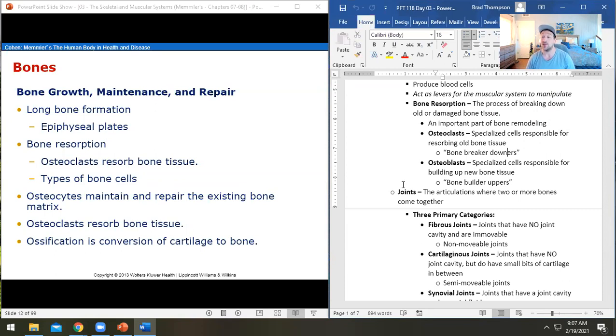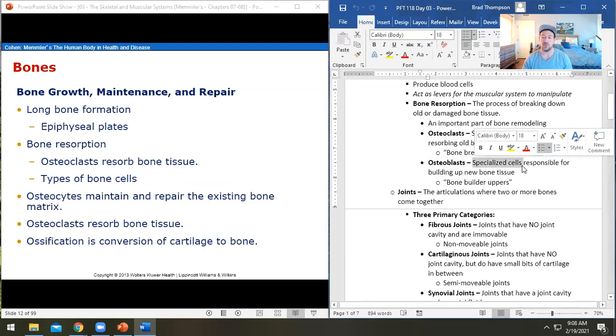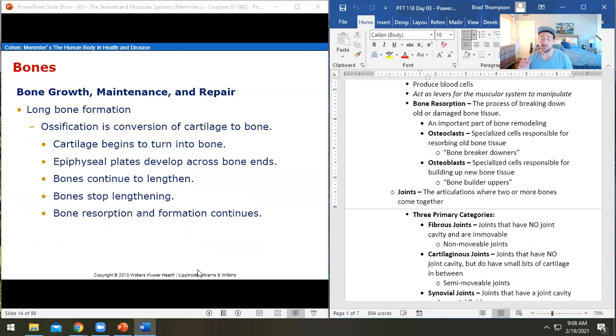But luckily osteoclasts work really well in conjunction with these other cells called your osteoblasts. And your osteoblasts are specialized cells that are responsible for building up new bone tissue. And so osteoclasts will come along and destroy a small section, leaving it open for new construction.